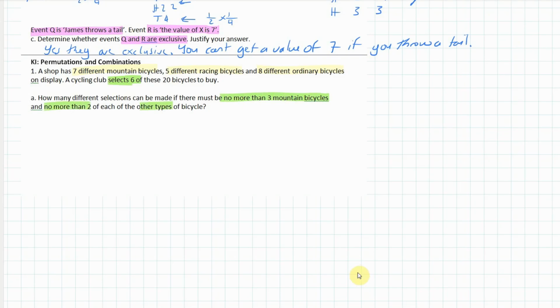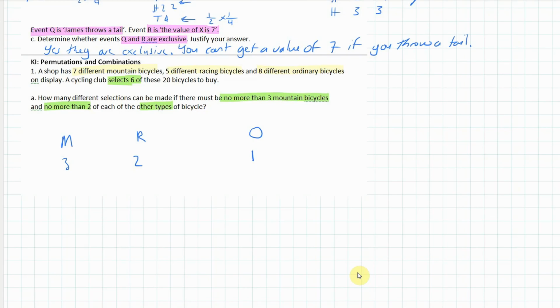Okay, well, if we go 3 mountain bicycles, so we could go mountain bikes 3, racing bikes and ordinary bikes. Well, if we go 3, then we could go 2 here and 1 here, I think, because we've got to get 6, don't we?